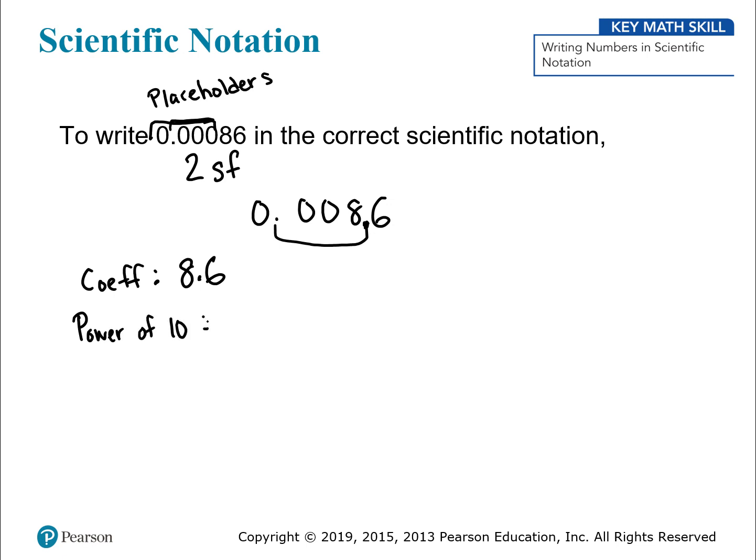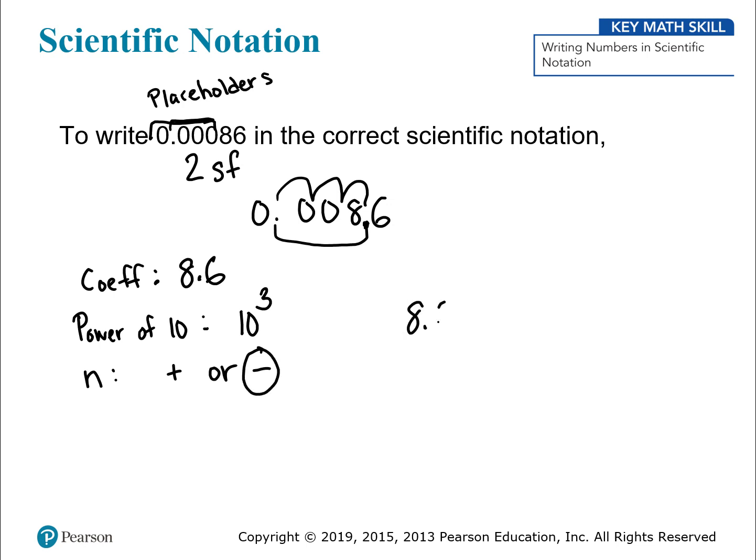For a power of 10, well, how many decimal places did we move? 1, 2, 3. Now we have to determine if our n is positive or negative. This number is less than 1. So that power of 10, that n, is going to be negative.